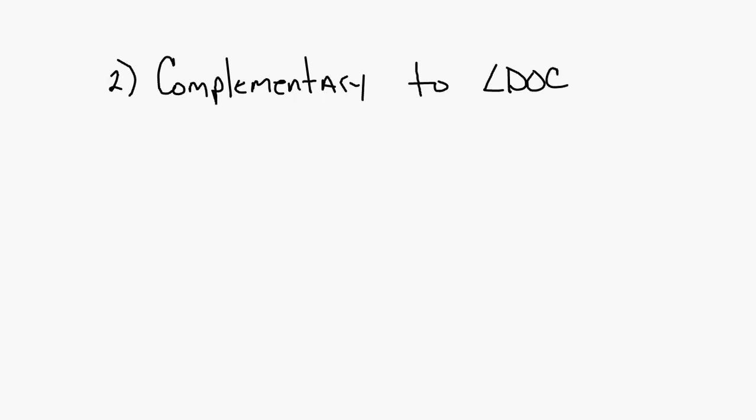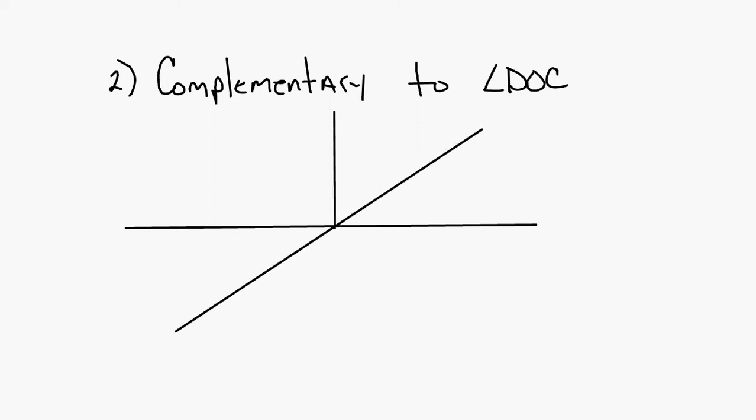Number 2, complementary to angle DOC. This little half of a red square means 90 degrees.